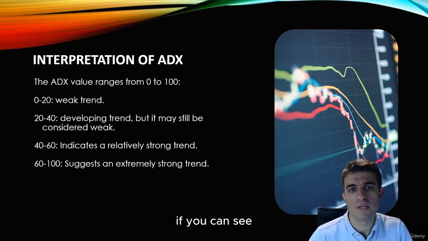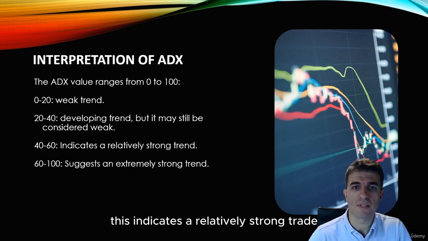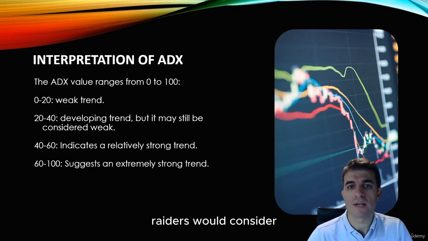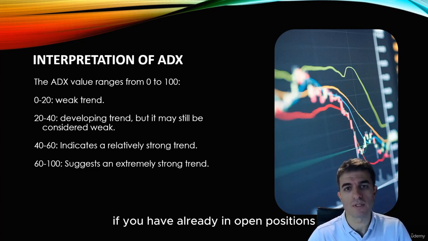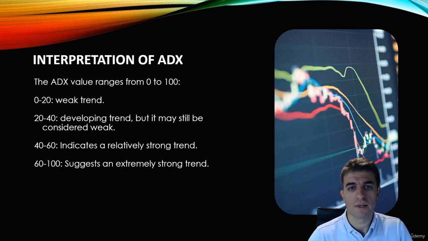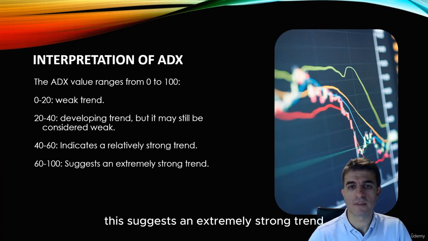However, if you see an ADX between 40 and 60, this indicates a relatively strong trend. Traders would consider entering or holding positions, if they already have open positions, in the direction of the trend. And whenever the ADX is between 60 and 100, this suggests an extremely strong trend.